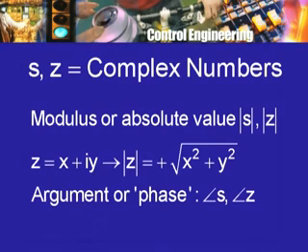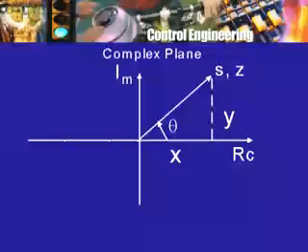Similarly, we talk about the angle or the argument of the complex number. What is the angle or argument of the complex number? Well, the most convenient way of thinking about it is to plot the complex number in the complex plane. If the complex number is here, let us say, then what is the argument?